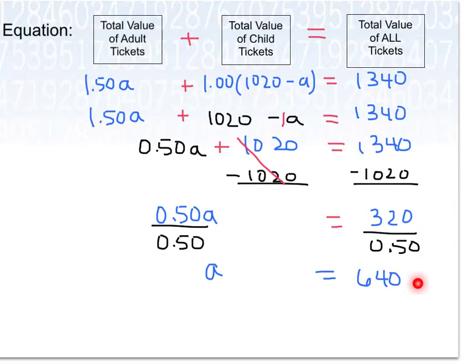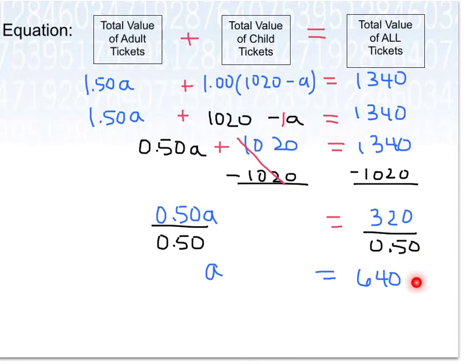So the last thing I want to do, I understand I've solved my equation, but I want to make sure that I'm actually solving for what the problem wants and to see if this actually makes sense. If I remember correctly, A stood for the number of adult tickets sold. So having it be 640 tickets will make sense.